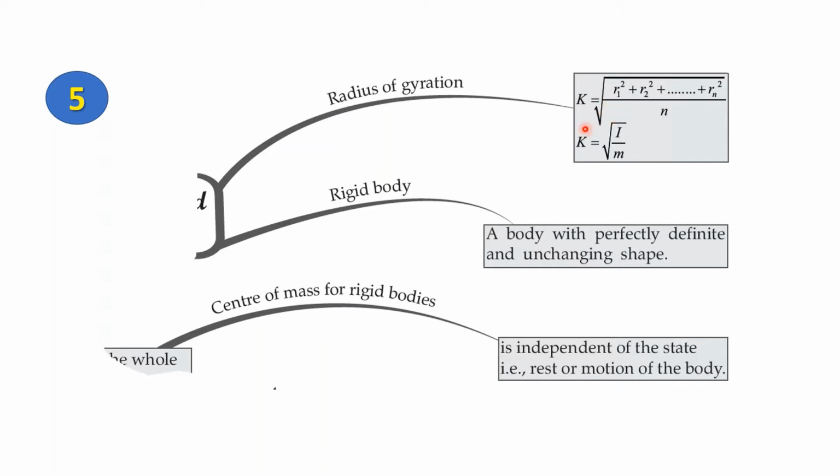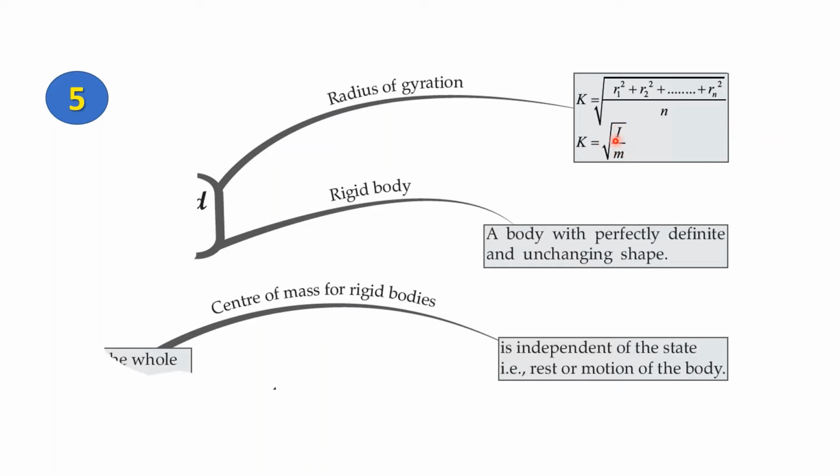Now, alternatively, we can also calculate the radius of gyration in another method. The second formula states that k is equal to the square root of I divided by m. Here I refers to inertia, which is the rotational analog for mass, and m represents mass.